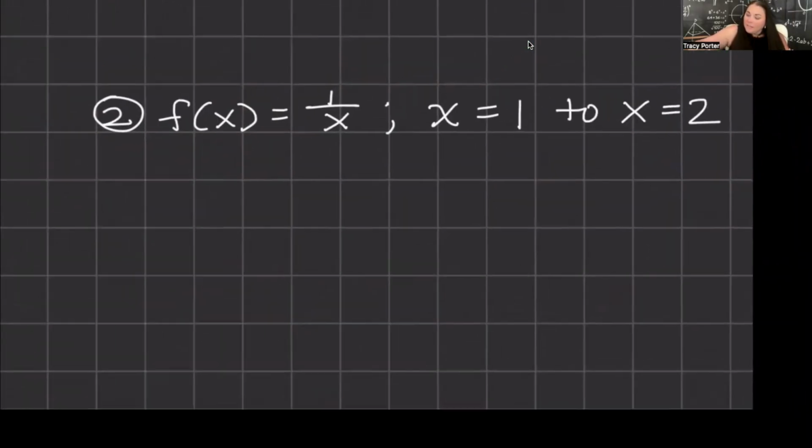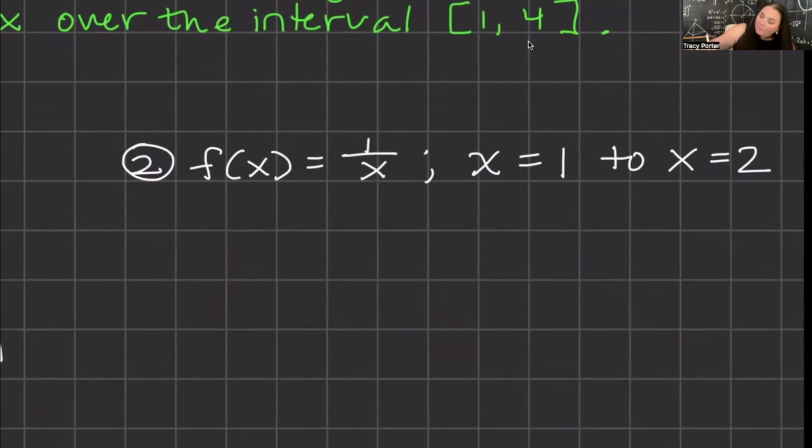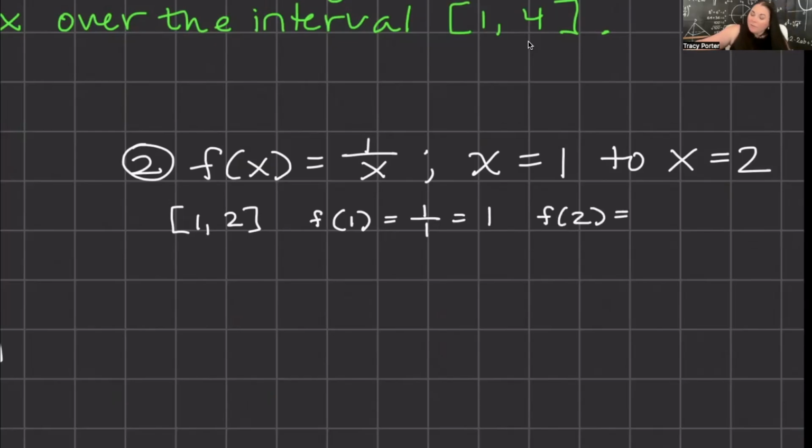And then the second example we'll do very similar. So your interval now is from 1 to 2. If we do f of 1, that's 1 over 1, which is just 1. And if we do f of 2, that's 1 over 2.